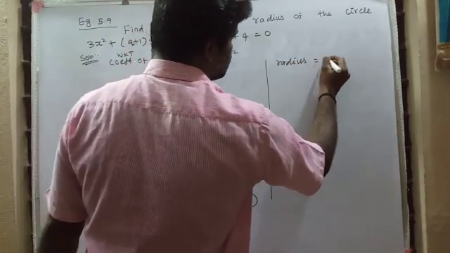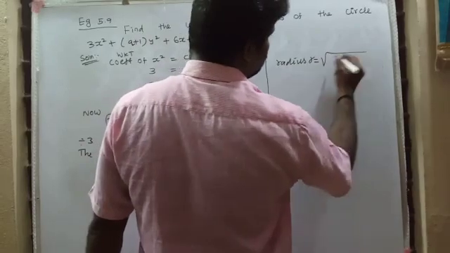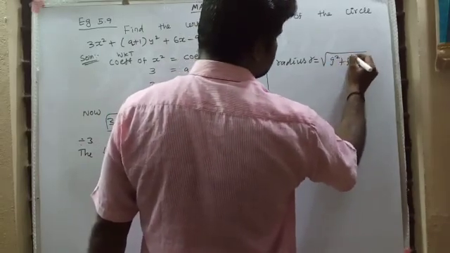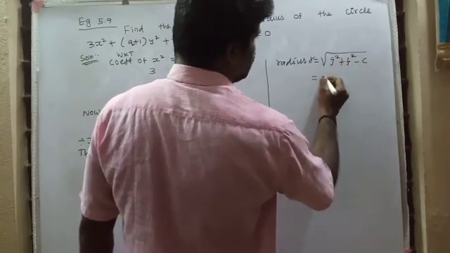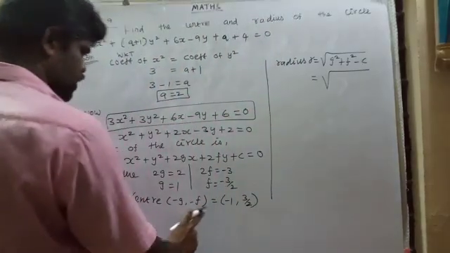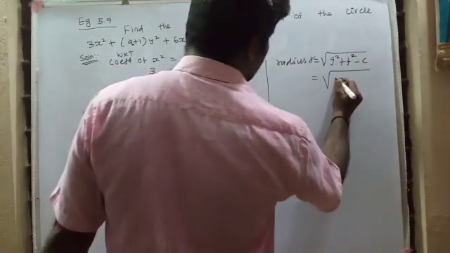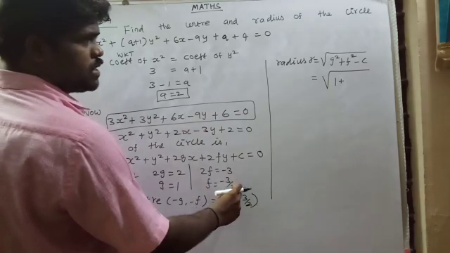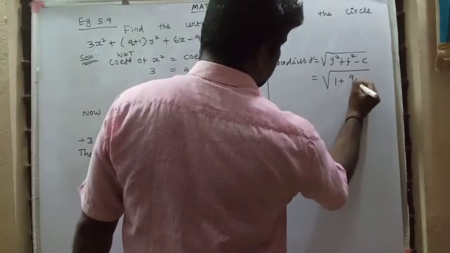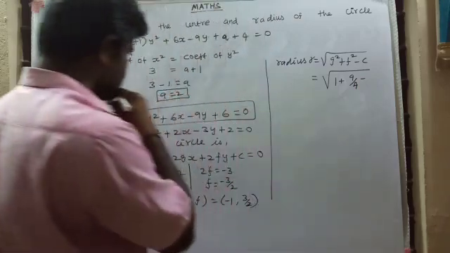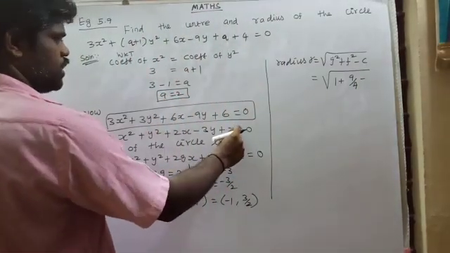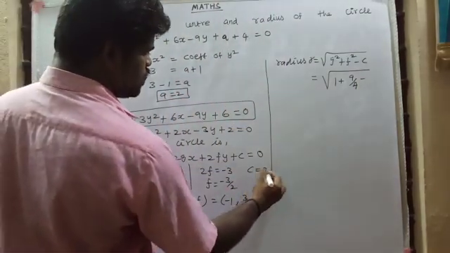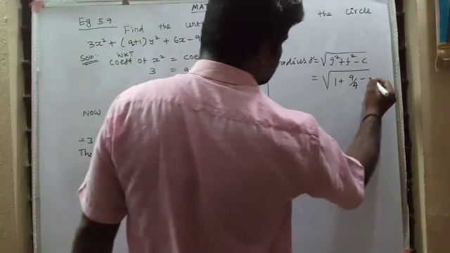The radius equation is r = √(g² + f² − c). Here the root of the g² value is 1², 1, plus the f² value is (−3/2)², which is 9/4, minus the c value, which is 2.